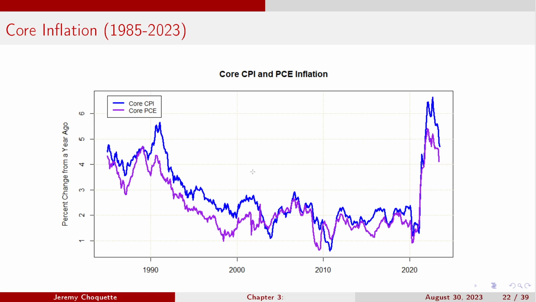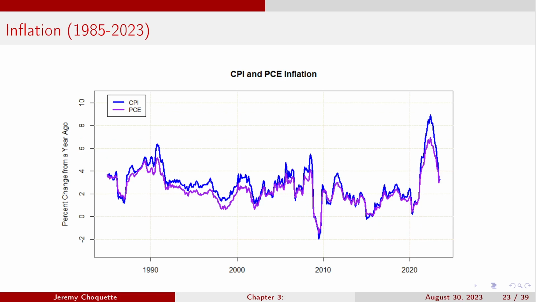It hasn't been that high really since the early 1990s. So why is that? Well, I don't want to get super into that right now, but it has something to do with COVID and the Federal Reserve engaging in incredibly loose monetary policy for way longer than they probably should have. So this is core CPI and PCE inflation.